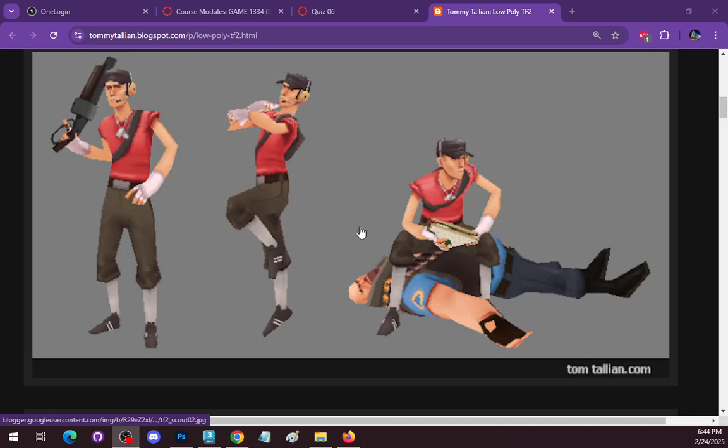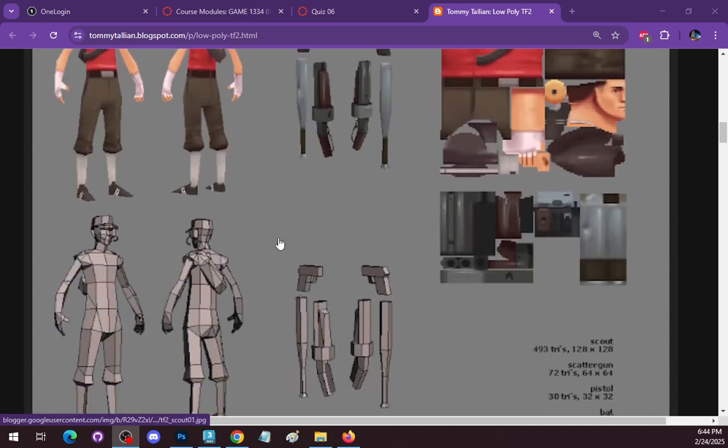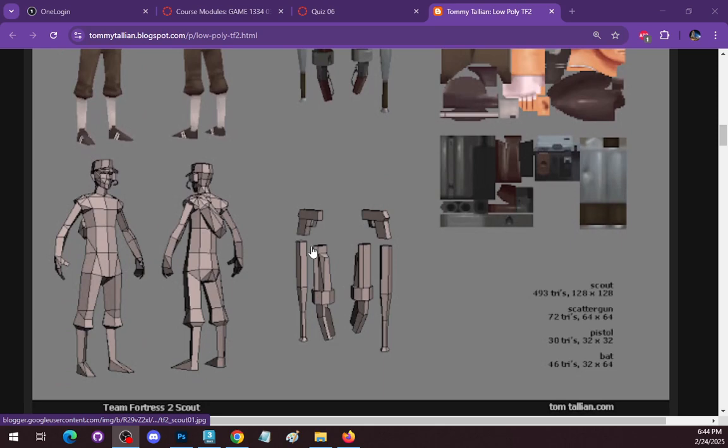Here is the scout. You can see here's his shape, but basically his pistol is 32 tris, 30 tris. Box here, and then two different faces right here to make out the trigger. You can see the baseball bat.